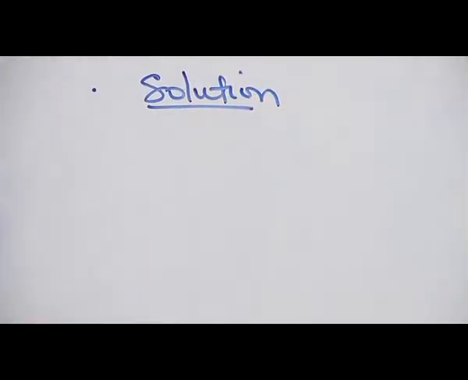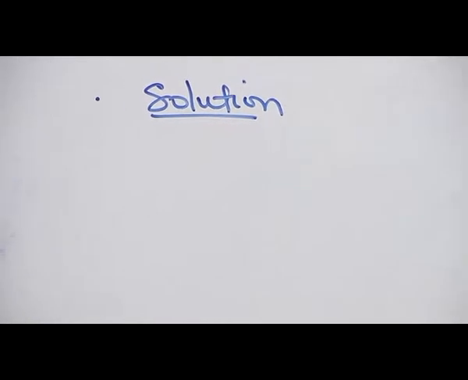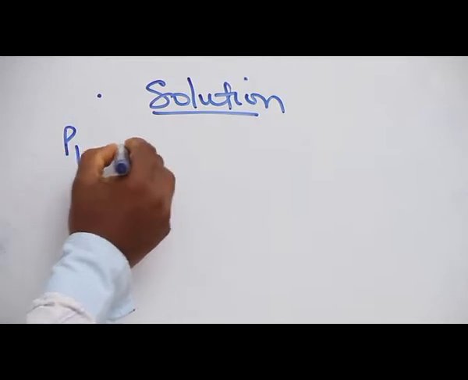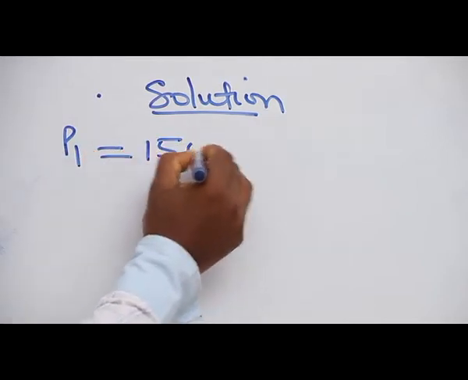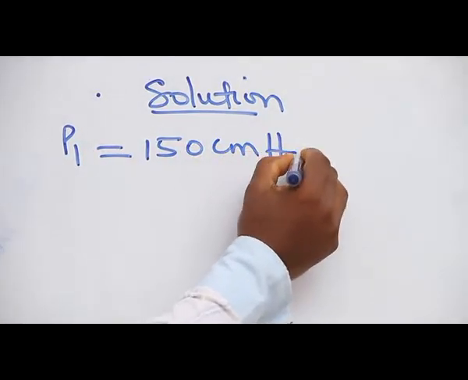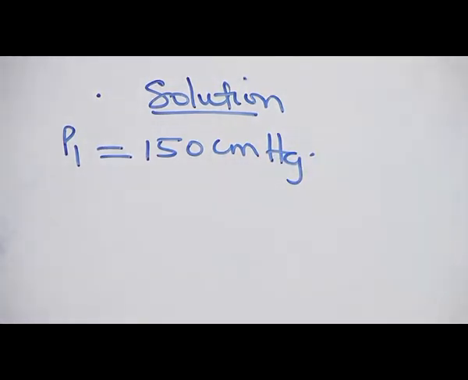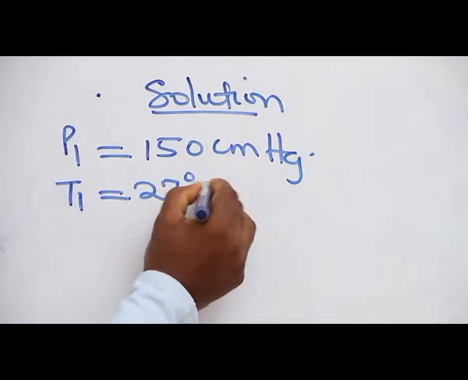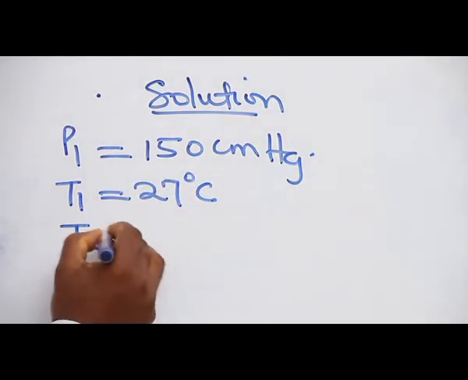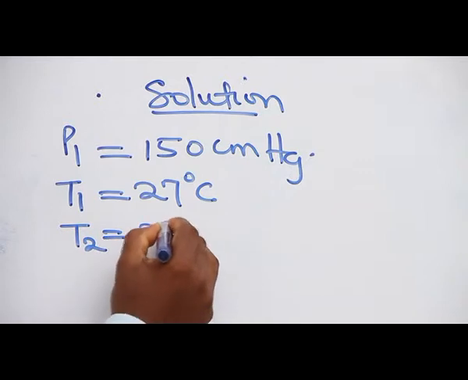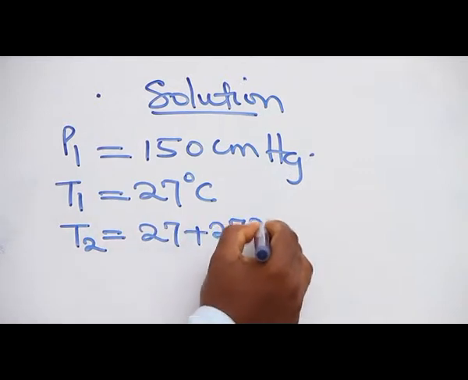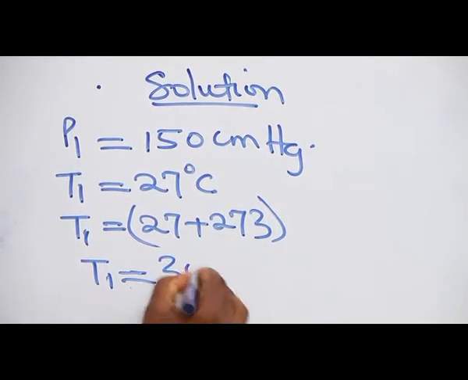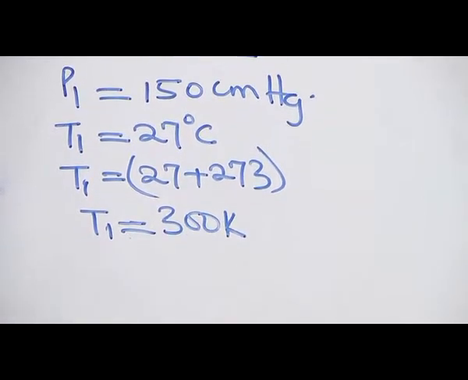We make use of the information provided in the question itself. We are given the initial pressure P1 as 150 centimeter mercury. We are also given the initial temperature T1 as 27 degrees Celsius, which must be converted to Kelvin: 27 plus 273, T1 is equal to 300 Kelvin.